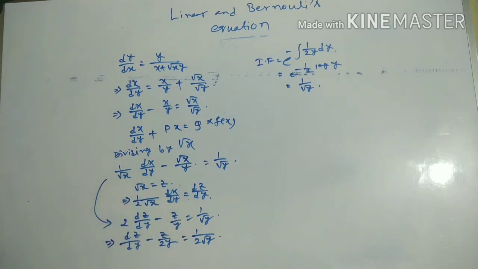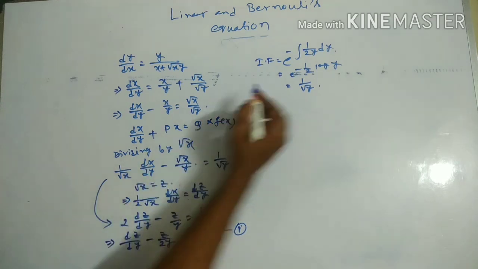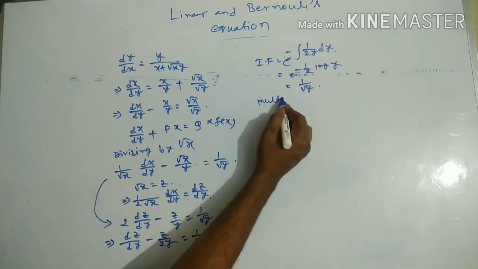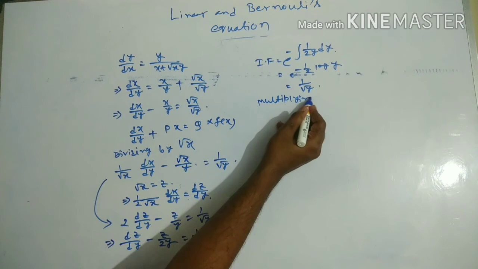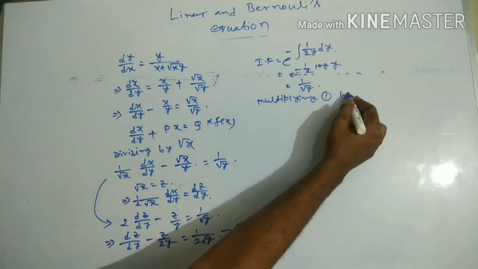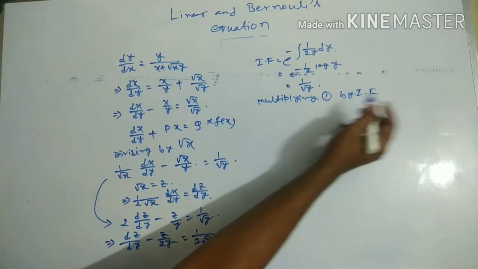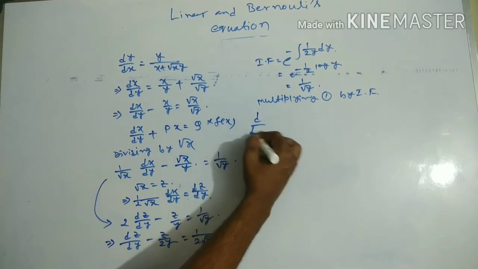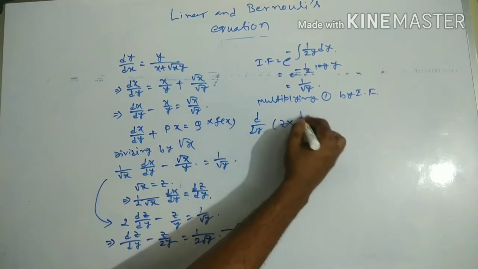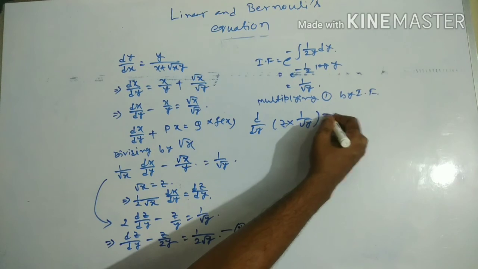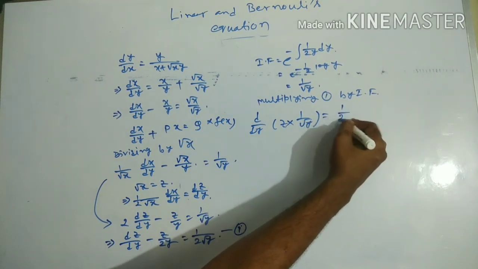Okay, now I am numbering this as 1. Now multiplying by the integrating factor, we get d/dy of z into 1/root y equal to 1/(2y).